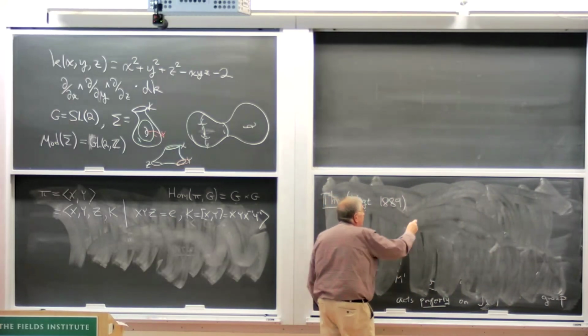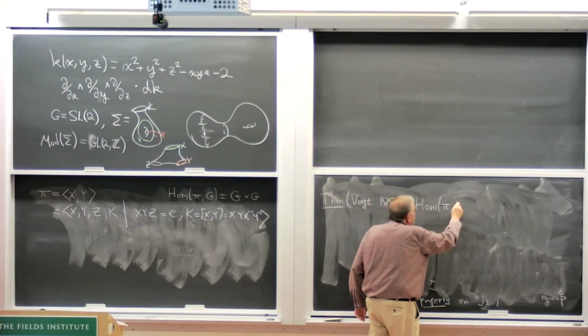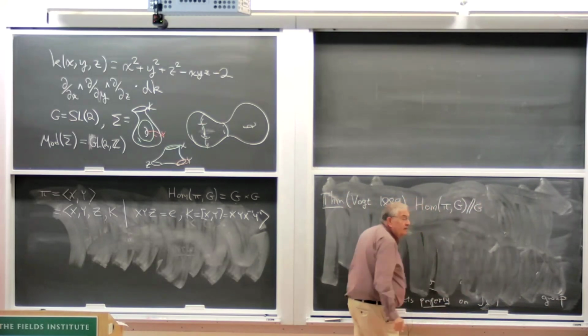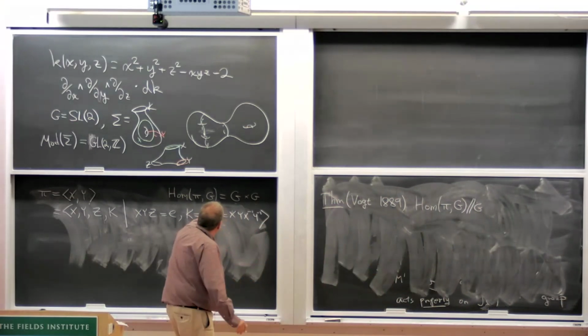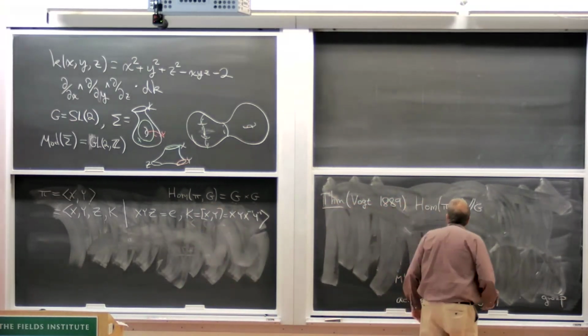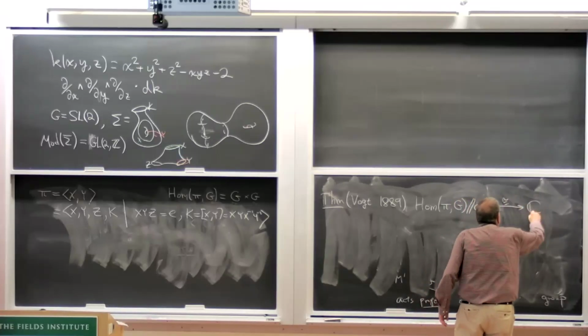Which is basically the statement that the quotient, now I'm going to take the GIT quotient. So Hom pi G is just SL2 cross SL2. G is acting by diagonal conjugation, but that's isomorphic to C3.